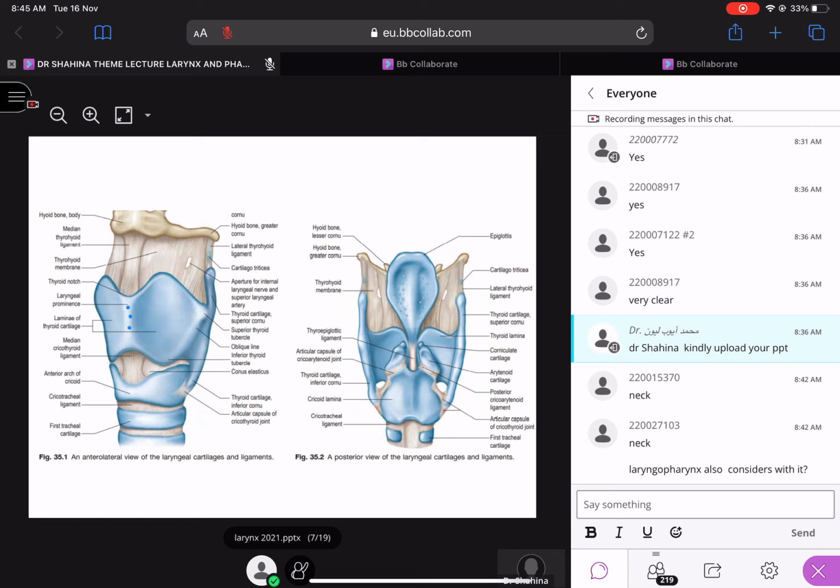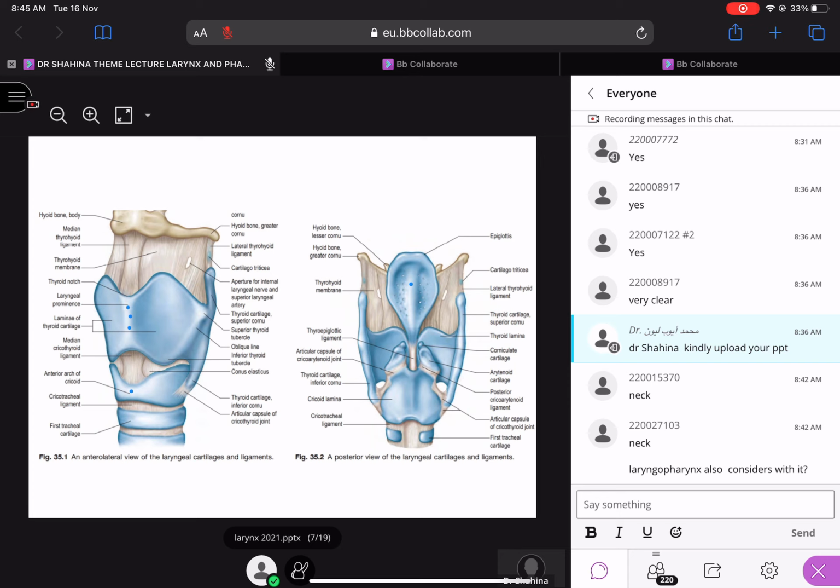In the midline, you will have the biggest cartilage, the thyroid cartilage. Below the thyroid is the cricoid cartilage, and then the epiglottis. So these three cartilages are in the midline, and they are unpaired cartilages.